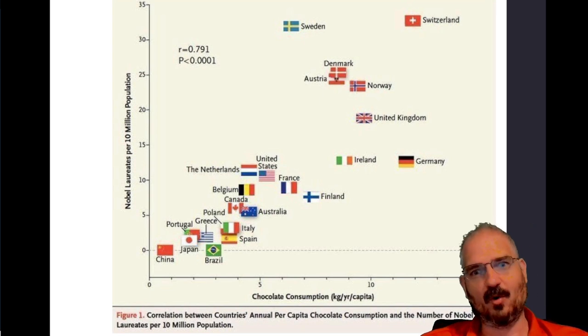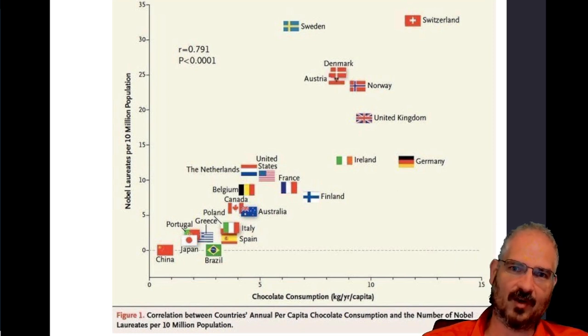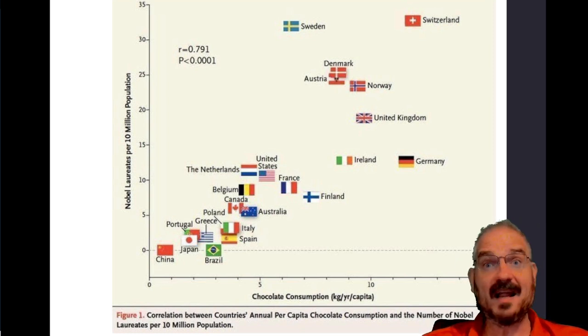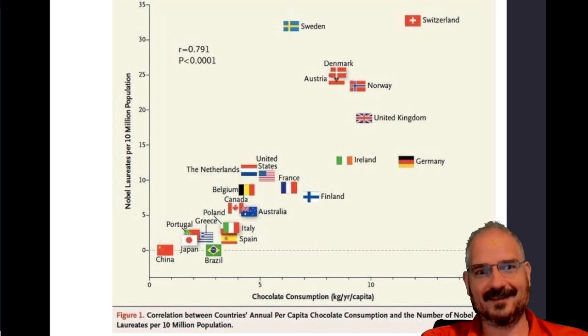And the richer you are, the more you can invest in education and science and stuff, thus the more likely you are to win a Nobel Prize. So it might be something as simple as average income or national income or something like that, right? But it might not. Who knows? But I would bet any money you want to name that it's not directly chocolate consumption increasing the ability to win a Nobel Prize.